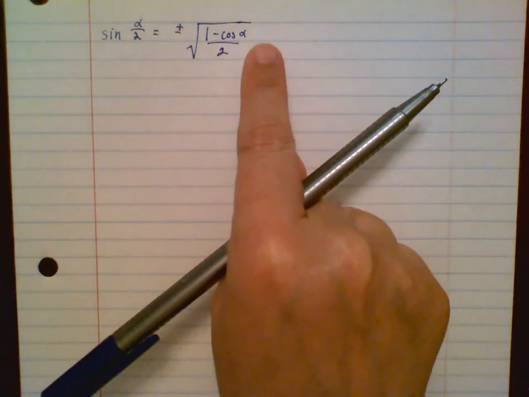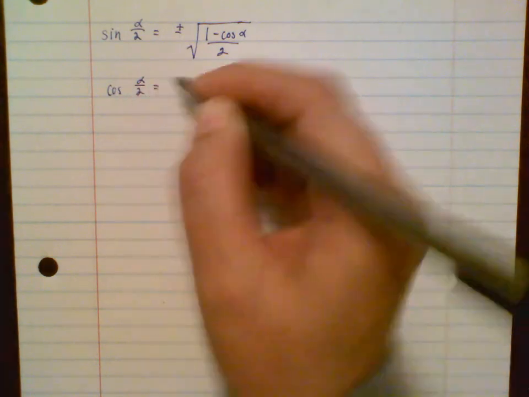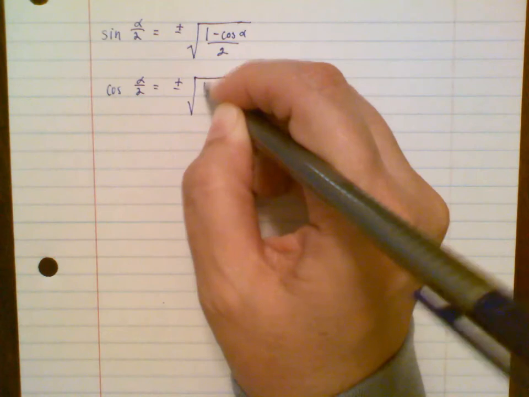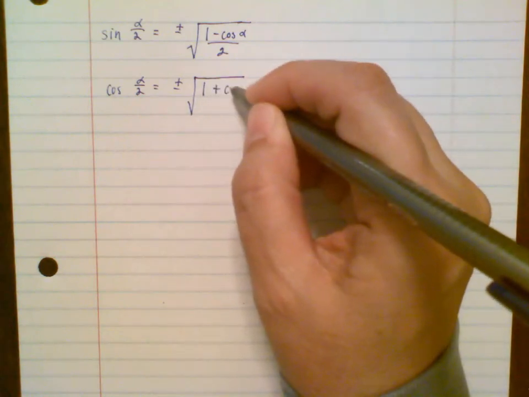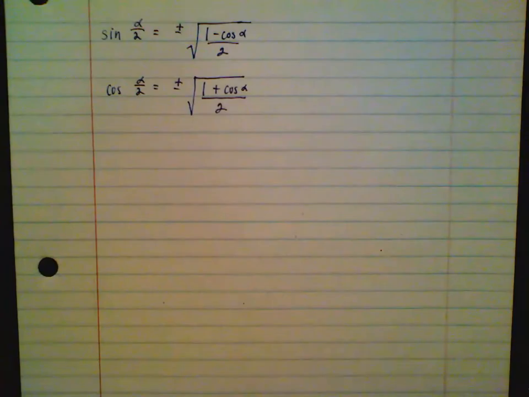So again, we'll be making more right triangles, or you will be using more identities to help you with this. The cosine of a half angle is the positive or negative square root of 1 plus cosine of the angle, divided by 2.